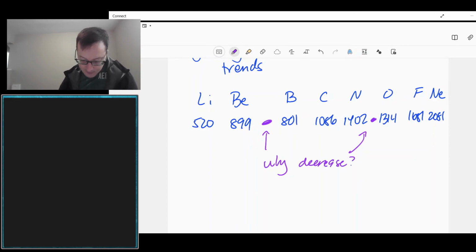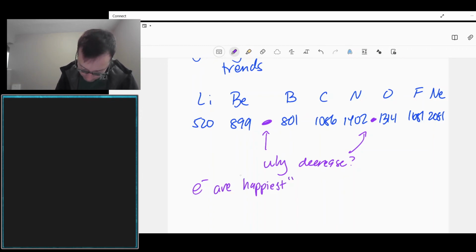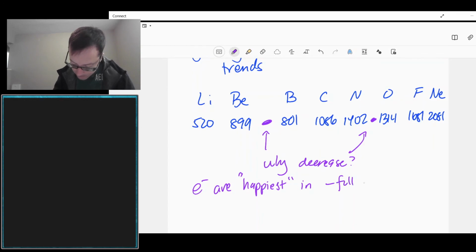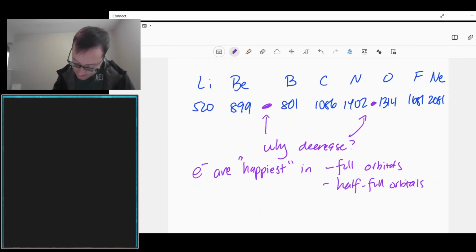The reason for this is because electrons are kind of happiest in either completely full orbitals, half full orbitals, or in empty orbitals.